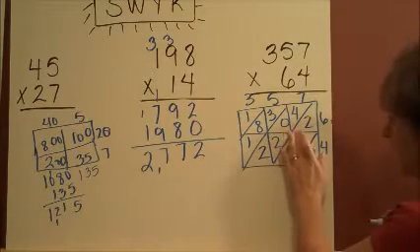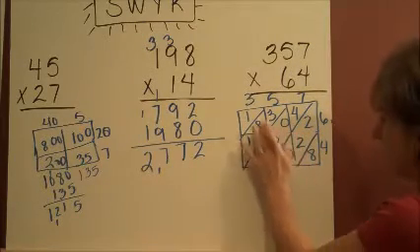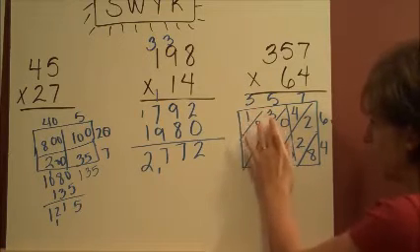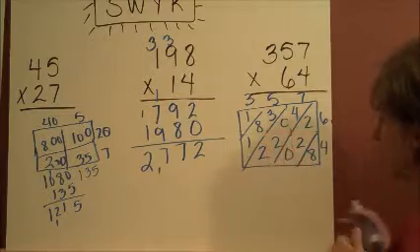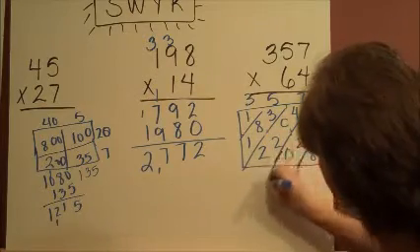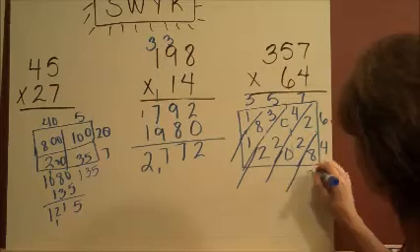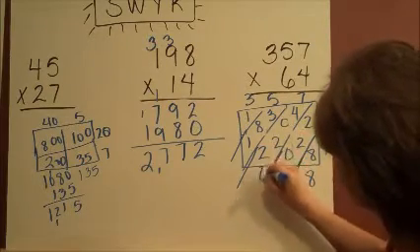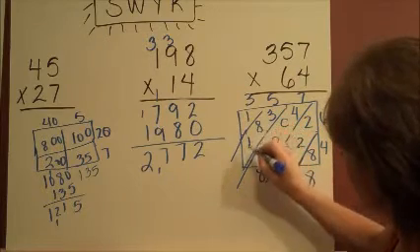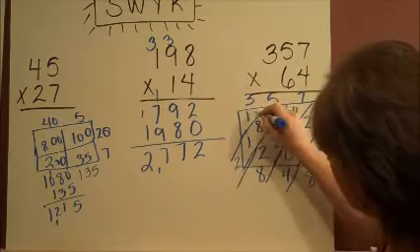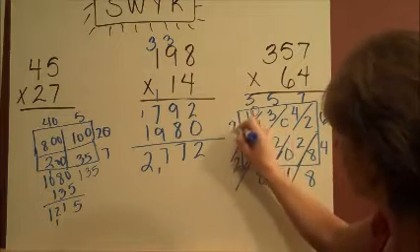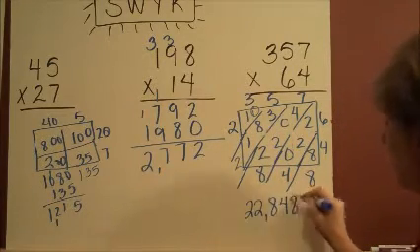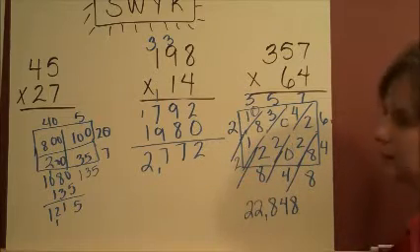And now, after I've used the boxes to help me figure out what I'm multiplying, I can ignore all the lines except for the diagonal ones, which are my place value lines. 8, 4, 4 plus 8, 3, 11, 12, carry the 1, 2, 22,848 is your answer.